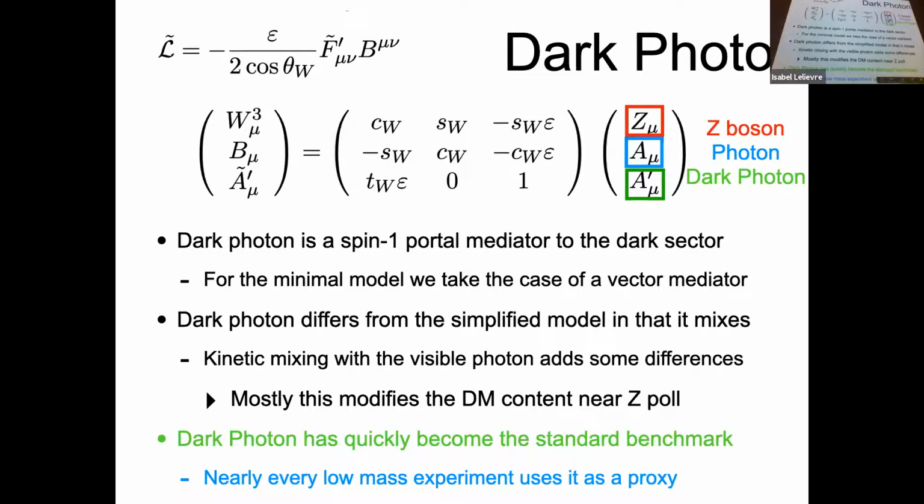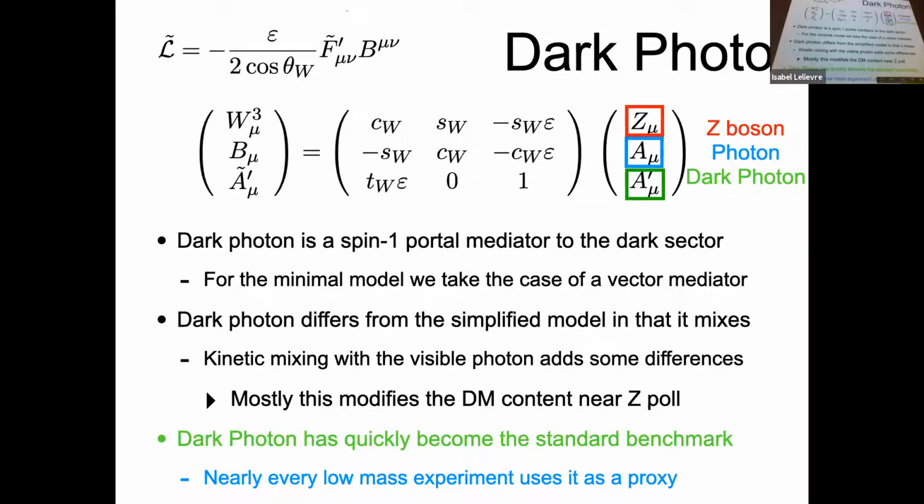Epsilon, again, is the coupling of the dark photon to the standard model. And this is the mixing term, right? It's really not so different. All of the results that I showed you, you can actually recast in the context of the dark photon, just by adding this kinetic mixing term.